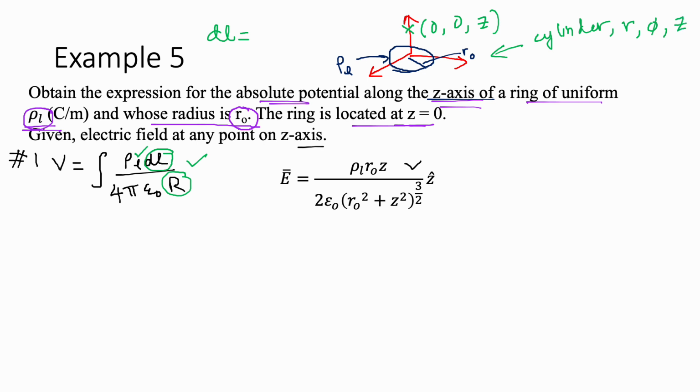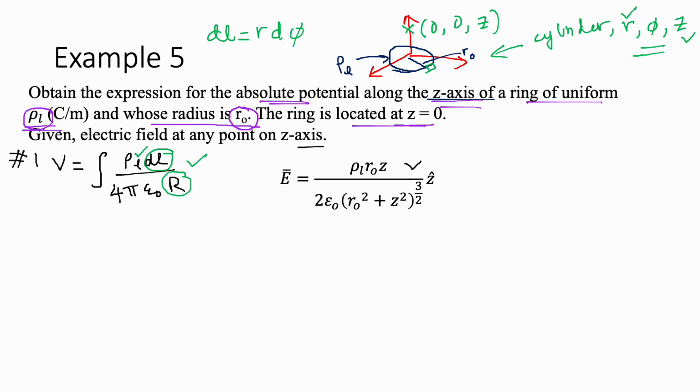If you take any sample, as long as it is located along this line, the r will be constant, which is r naught. The z also will be constant because z equals 0. So the one that will change is the location of phi. So your dl will be in the phi direction, therefore it will be r d phi. Okay, so your dl is r d phi.